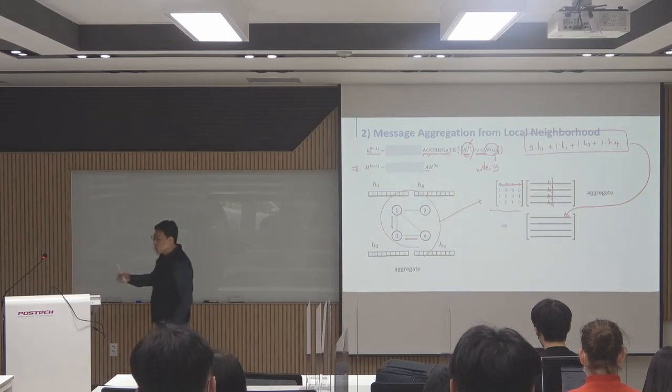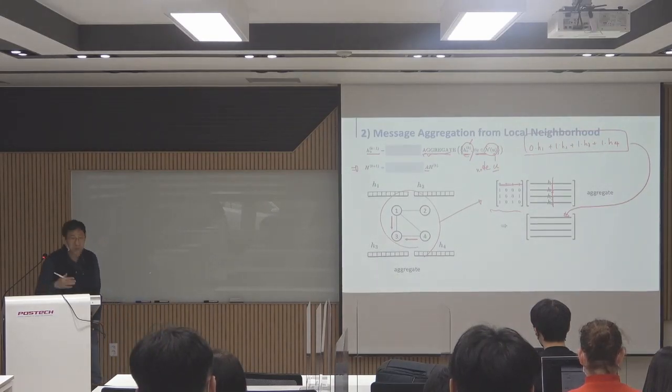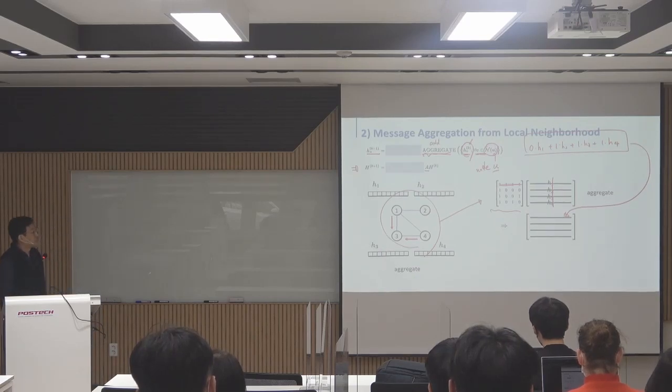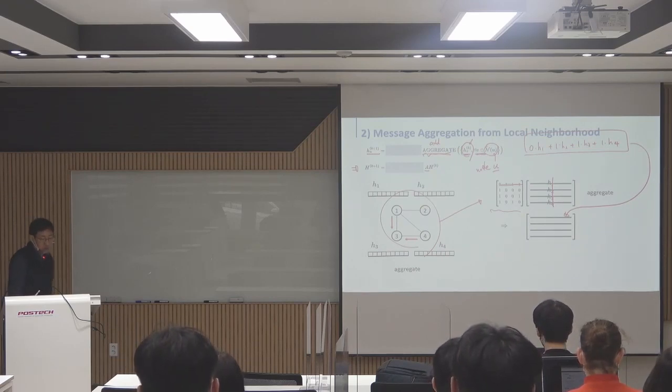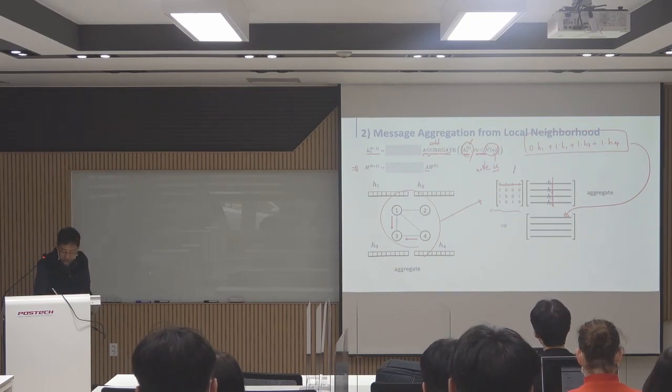There are many ways that we can do aggregations, but the easiest one is probably addition. And connectivity information, we can get from the adjacent matrix. And just matrix multiplication, that's it.